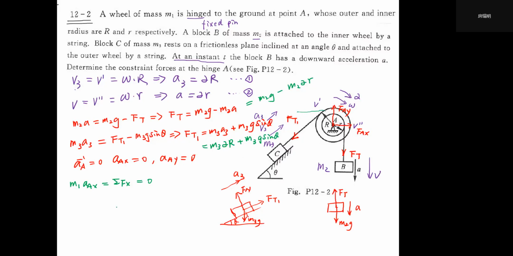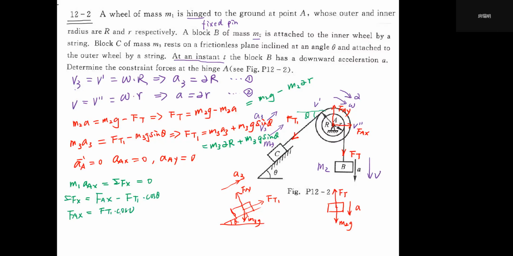So you guys can find actually sigma Fx equals Fax, because this Ft1 cosine theta is along the negative direction of x. So minus Ft1 cosine theta equals 0, right? So we can find Fax equals Ft1 cosine theta.